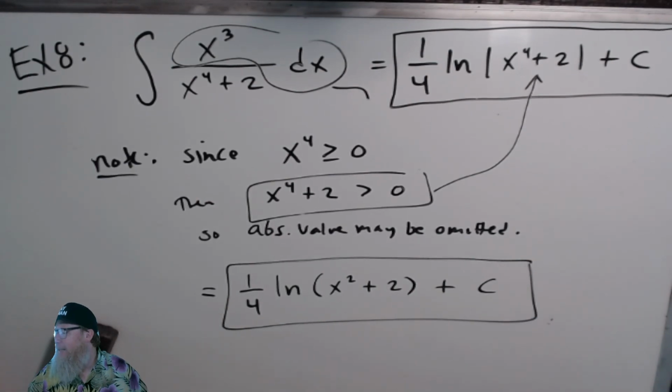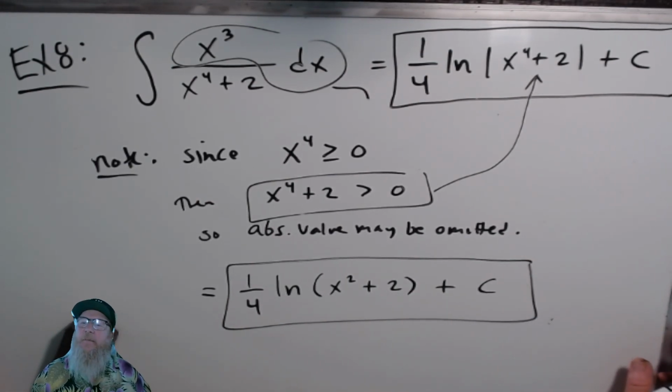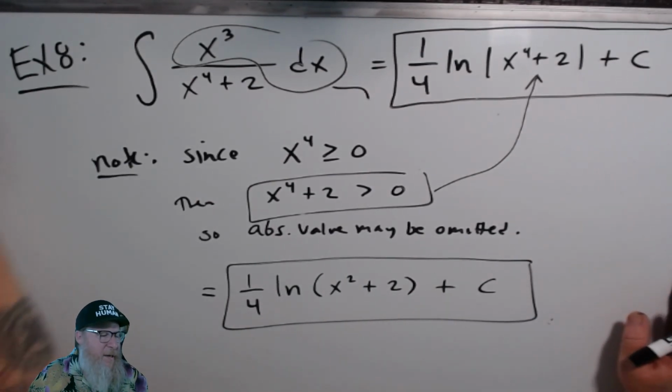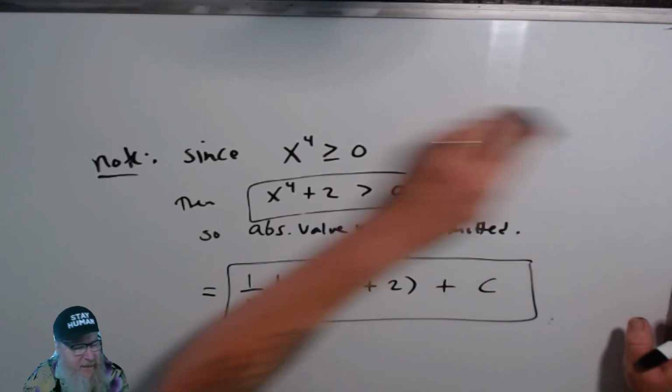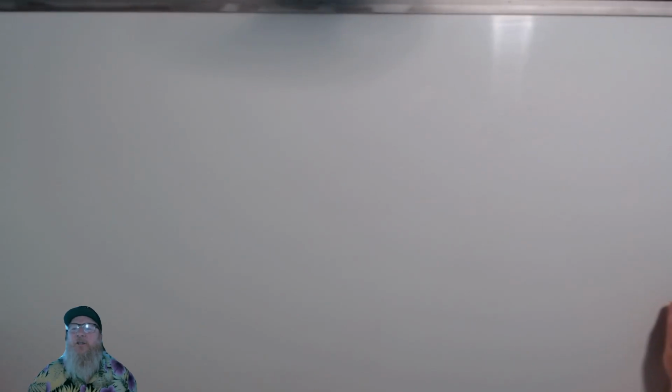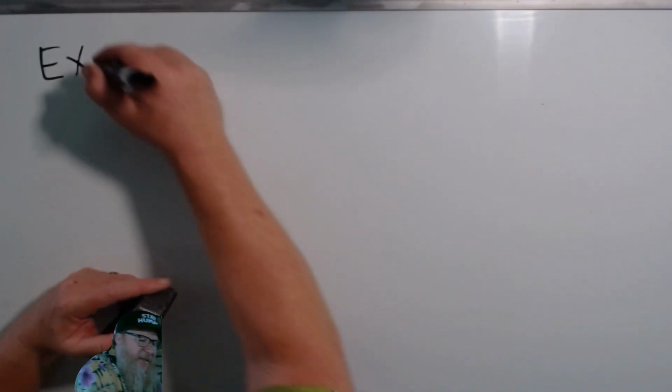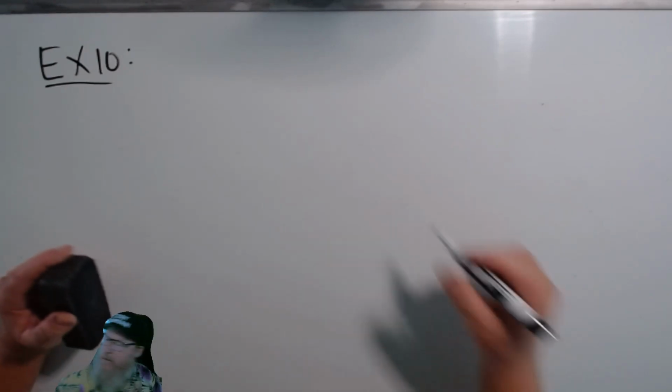All right, the ln is actually an interesting function for a couple reasons. One thing that makes the ln interesting is that it's not intuitive why the integral of 1 over x is ln of x, right? It's something that you just have to know, right?